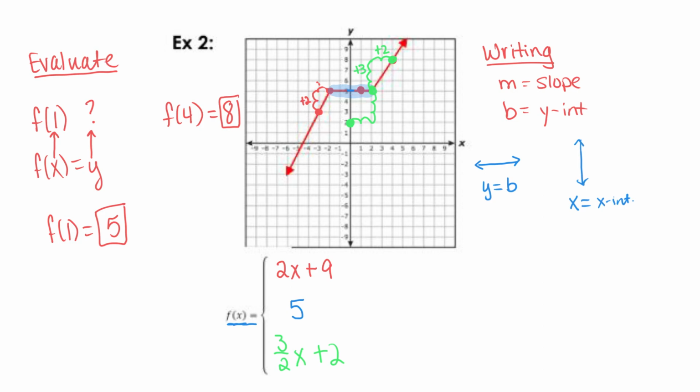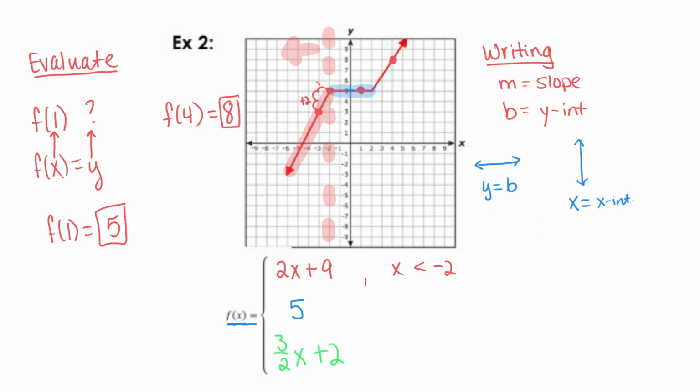Okay, let me erase that, because the last thing that we're going to do now is write our restrictions. So if I look at this line here, my restriction is right here when x is -2. So it's everything to the left of that, which would be the same thing as x is less than -2.